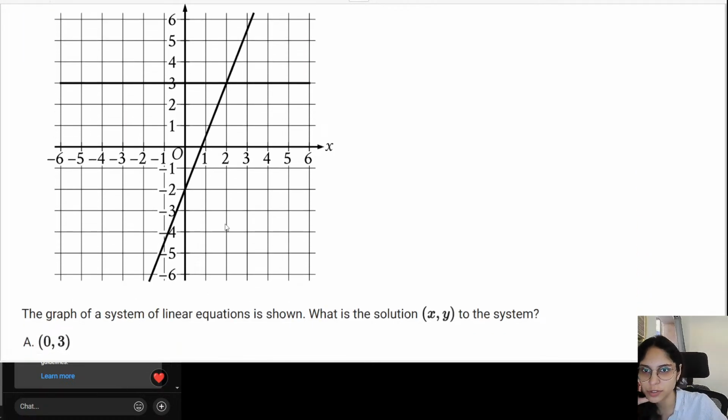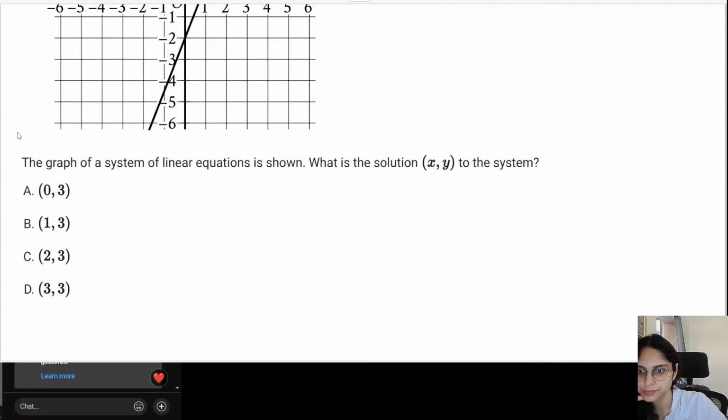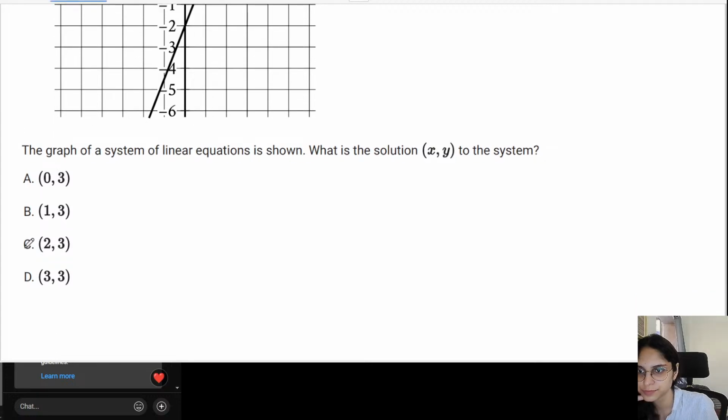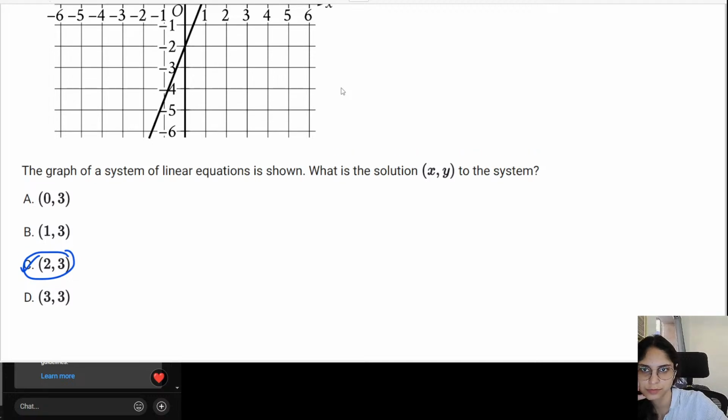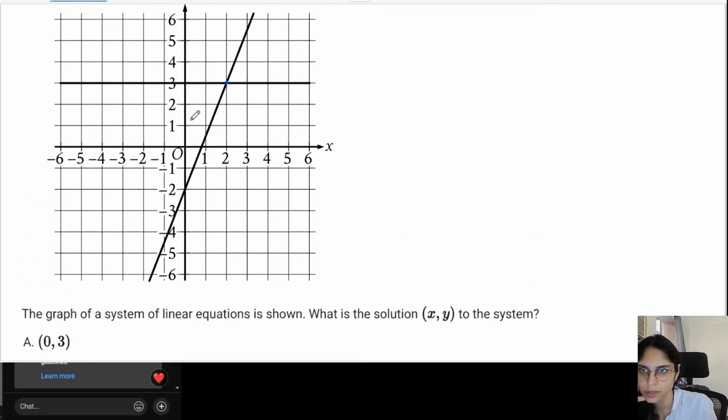What is the solution, x comma y? The point of intersection is 2 comma 3, so 2 comma 3 is going to be your answer, because you're going 2 to the right and 3 up. The x coordinate is 2, y coordinate is 3. Anyways, it's such an easy question.